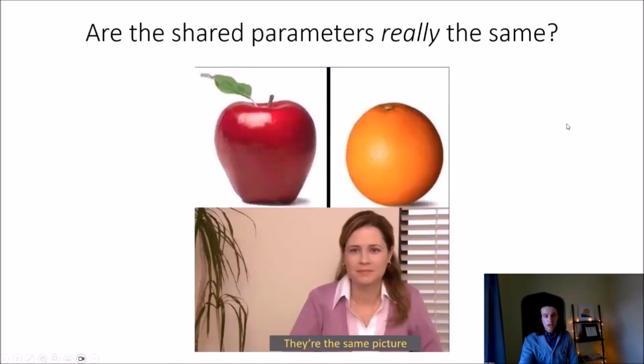The first challenge is this assumption that these data sets are telling us something about a shared ecological process. So in the example I walked through, for example, we had those shared parameters in our submodels for those two different data sets.